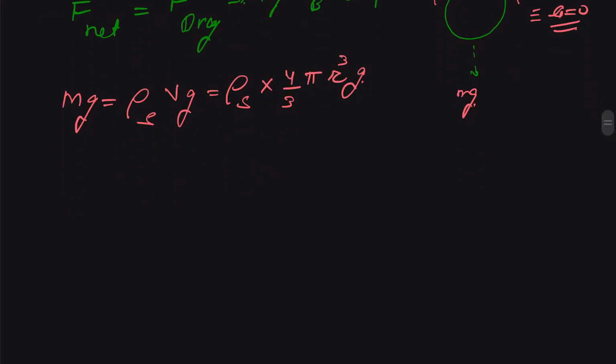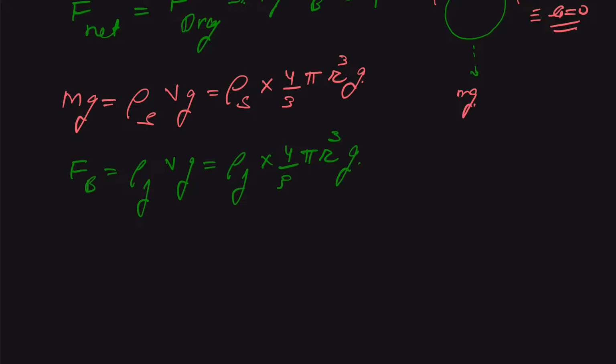And the buoyant force, Fb, will be equal to the density of the fluid multiplied by the volume displaced multiplied by g. The volume displaced is the same in both cases. So this is rho times 4 by 3 pi r cube multiplied by g.